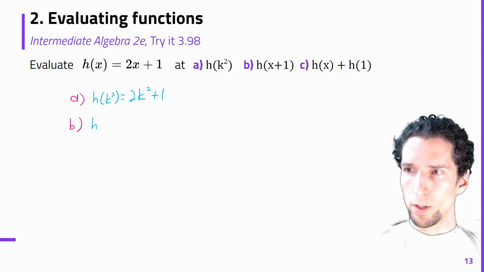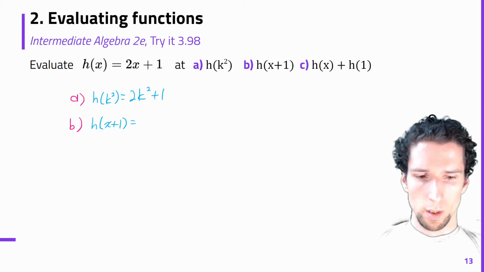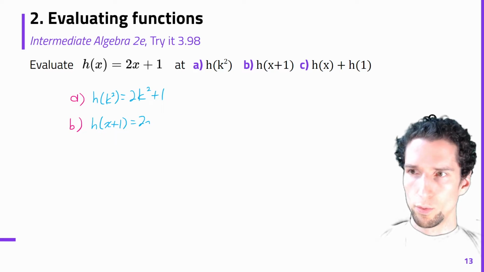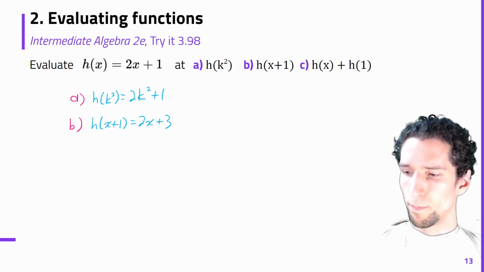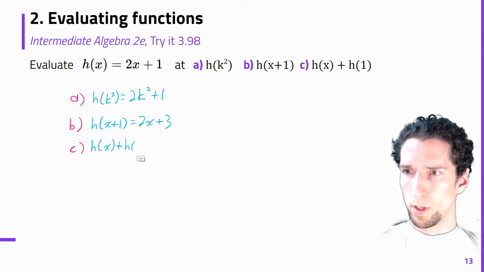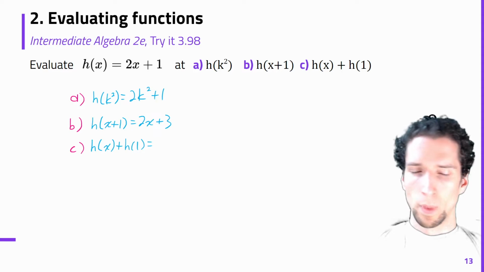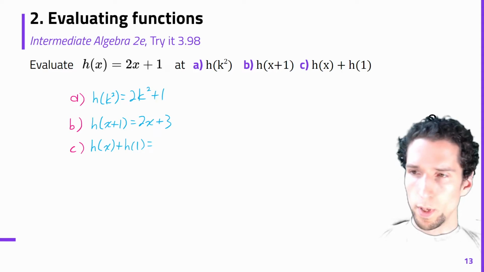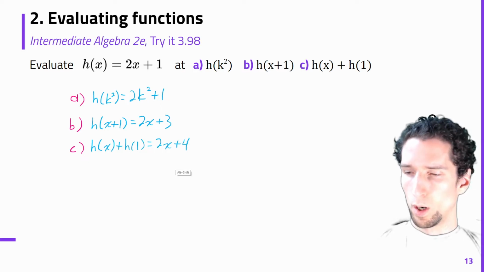B, h of x plus 1 is, my result here was 2x plus 3. And C here, h of x plus h of 1. That's not a 1, that's 1. And this worked out to be 2x plus 4.